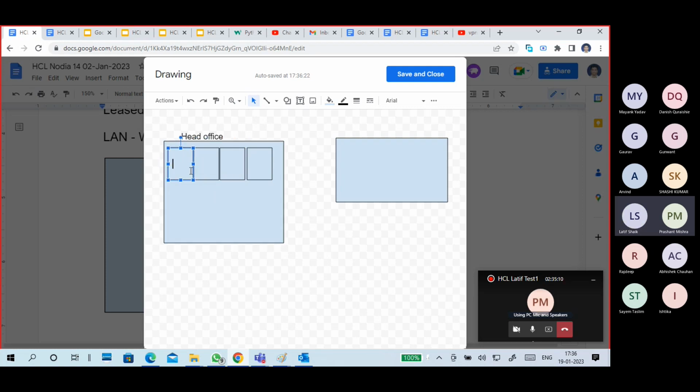Some application servers are there, database servers, DB servers, and some networking components. This is my infrastructure. This is a database server, and for example, this is a web server.